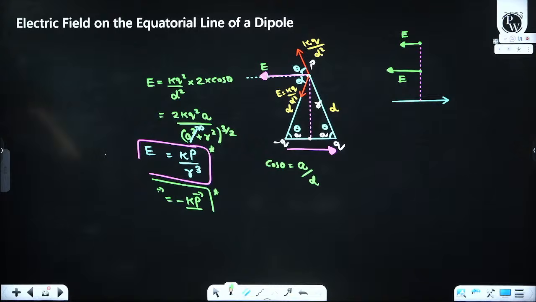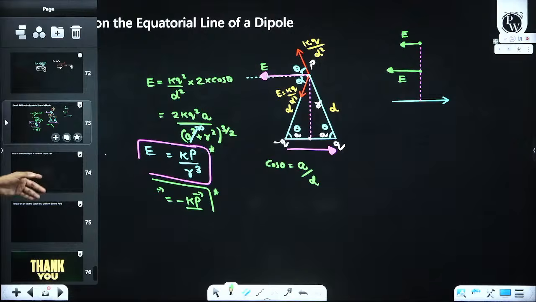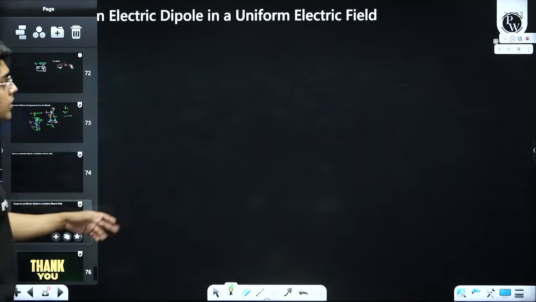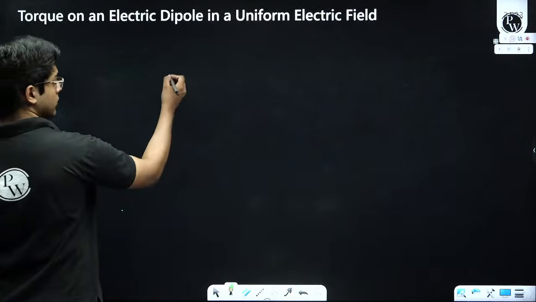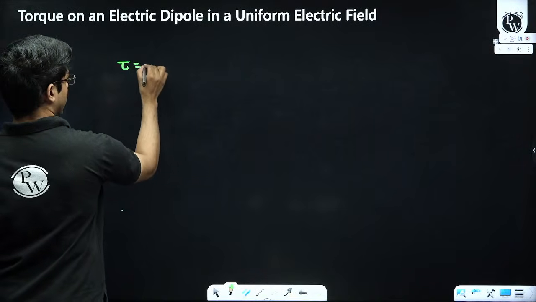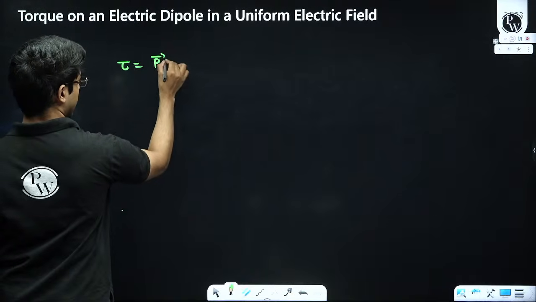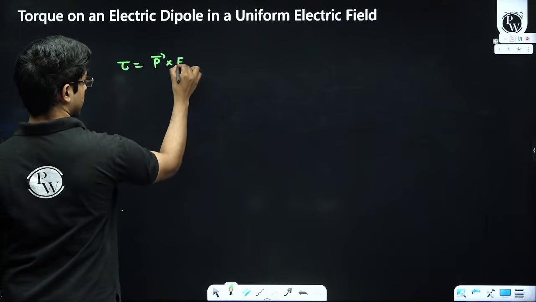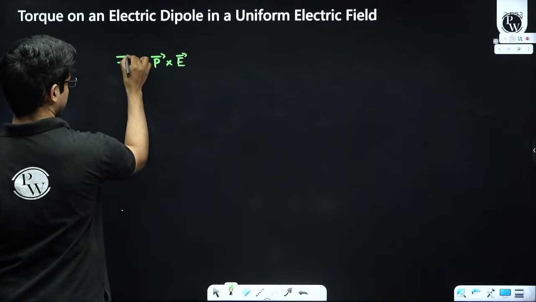Yes. So for torque, I'll mention the formula, Anil, but actually that was the next topic itself. But it's about time now. The torque formula is P cross E, the dipole moment cross the external electric field.